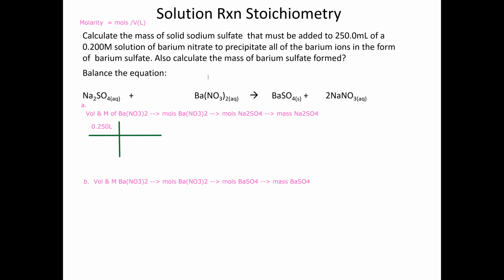Then remember molarity is moles, so we can rewrite 0.200 molar as 0.200 moles equals 1 liter. Since we're starting with liters here, we can put 1 liter on the bottom and 0.2 moles on top of barium nitrate. That's step 1.